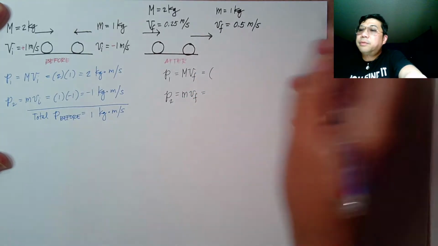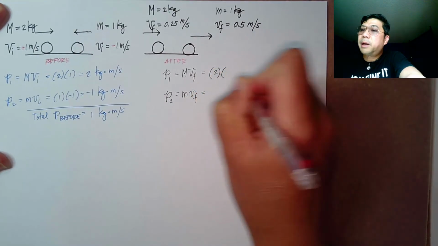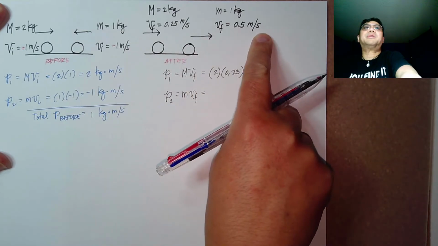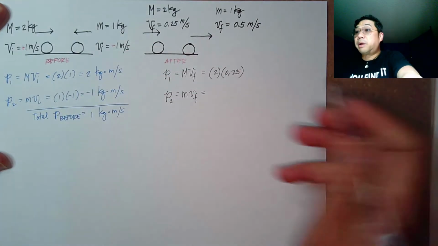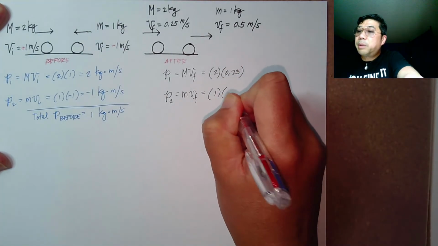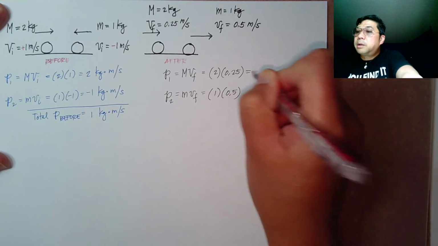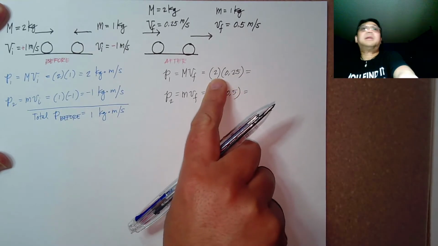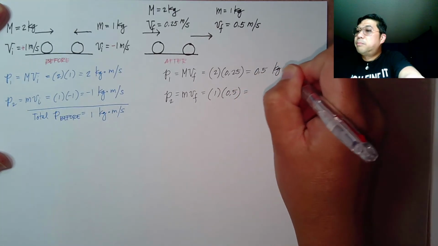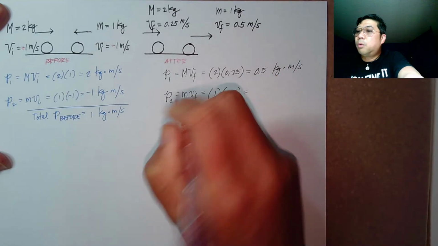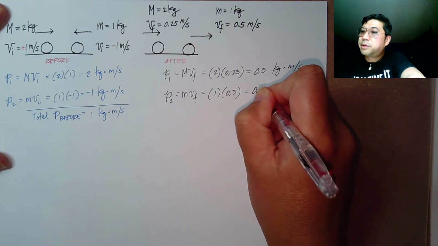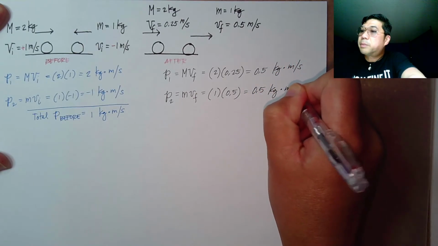We have 2 kilograms multiplied by 0.25, and since both of them are going in the same direction, and it's positive because it's going to the right, it's times a positive number. 1 multiplied by 0.5. Simplifying mathematically, 2 times 0.25 is simply 0.5 kilogram meters per second, while the second object is 1 times 0.5, which also results in 0.5 kilogram meters per second.